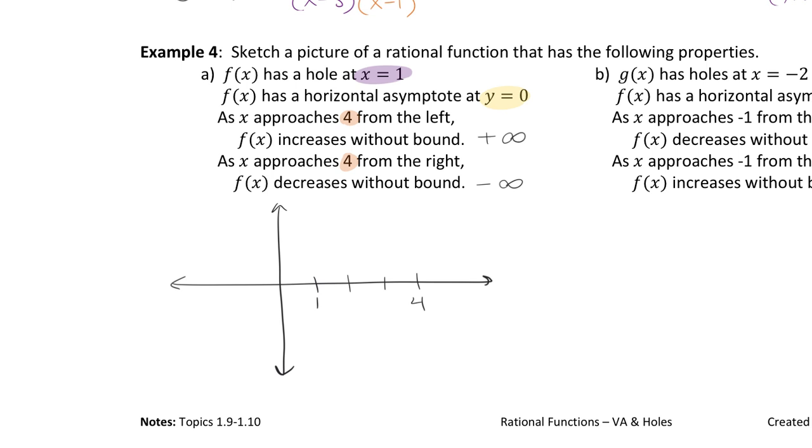I know that there needs to be a horizontal asymptote at 0, so I'm going to go ahead and highlight 0, which is my x-axis, to say you cannot cross this line at the end of the graph. You can cross it in the middle, potentially. You cannot cross it at the end. I also know that there is a vertical asymptote at 4.